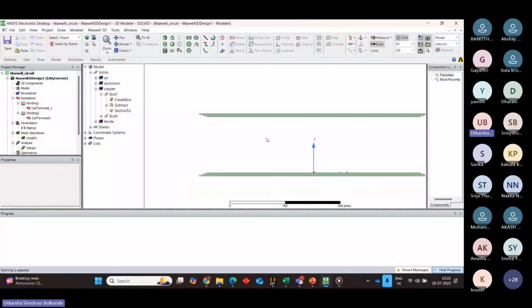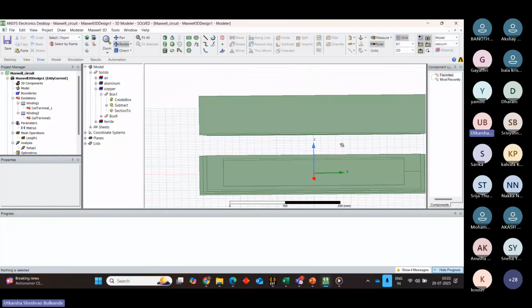Can you see, your rectangular coil has a certain external dimension and a certain inner dimension, right? That you can decide depending on your number of turns, what is the width of the wire that you are using for making the coil, and all.